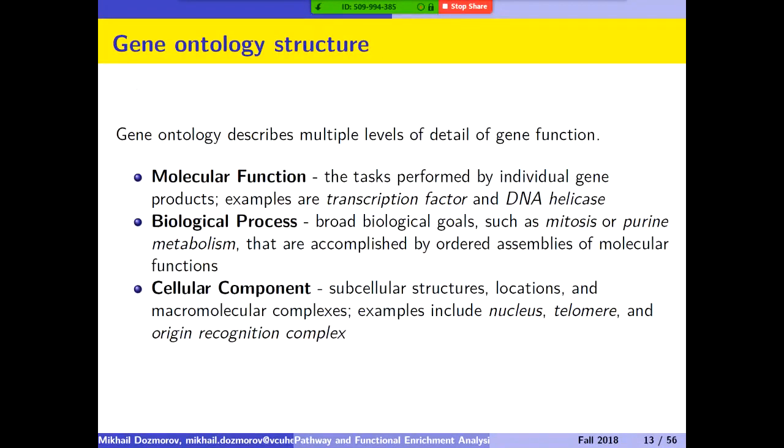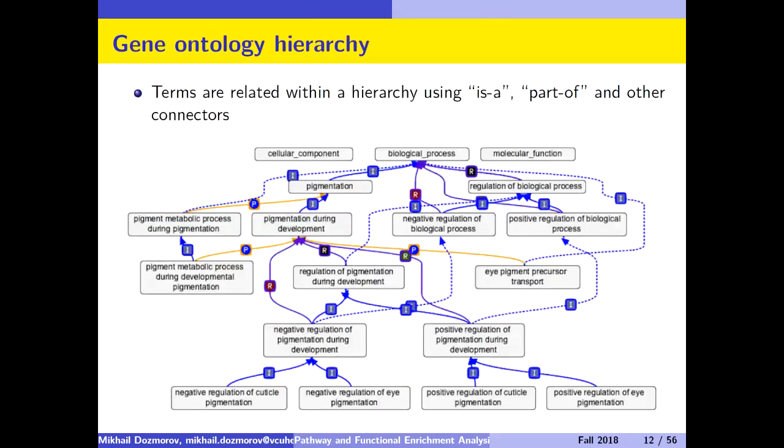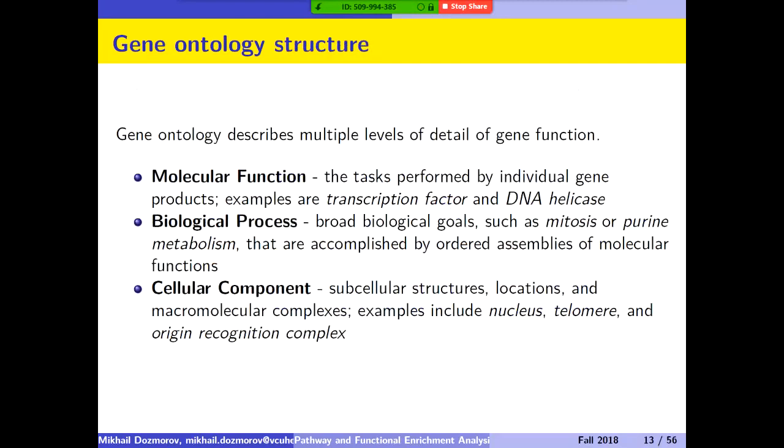I already mentioned that gene ontology has three large domains. Think about those three large domains like three separate hierarchies. You have one hierarchy for cellular component, another for biological process, and another for molecular function. And here they are listed in the order of how precise they are.